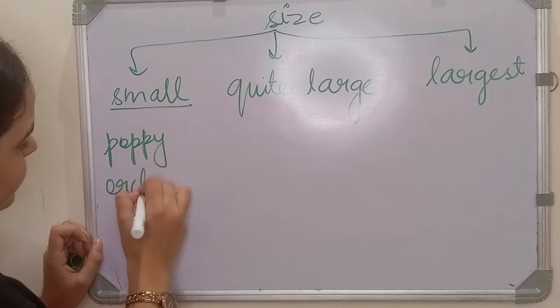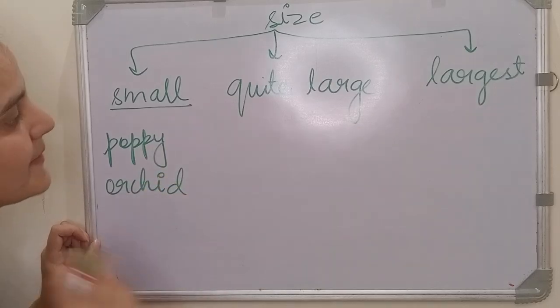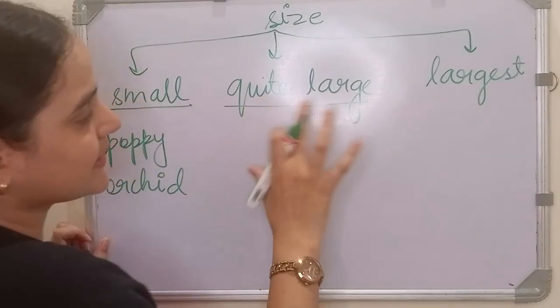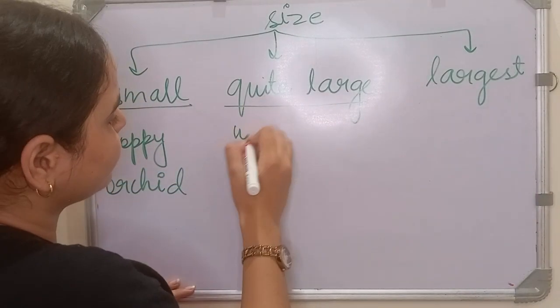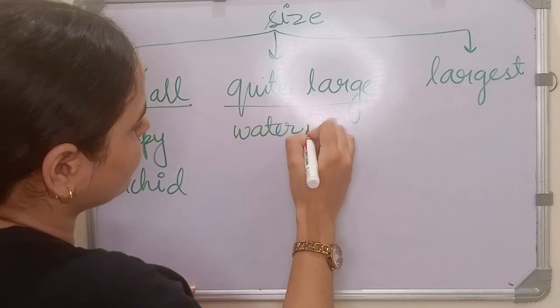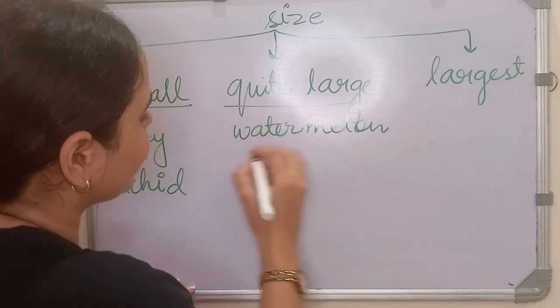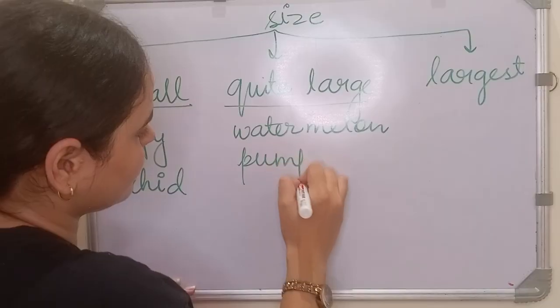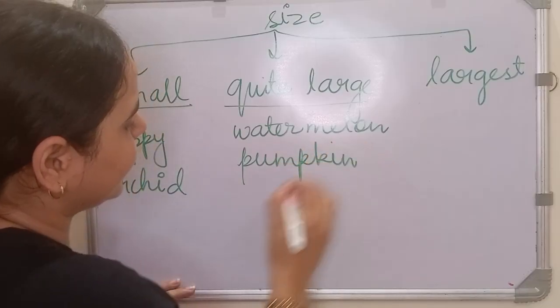The seeds that are quite large are watermelon seed, pumpkin, and mango.